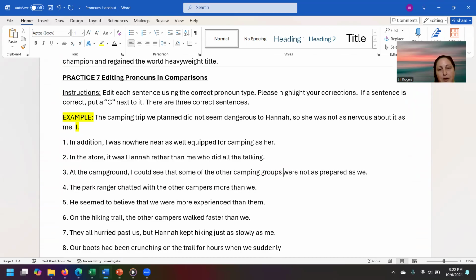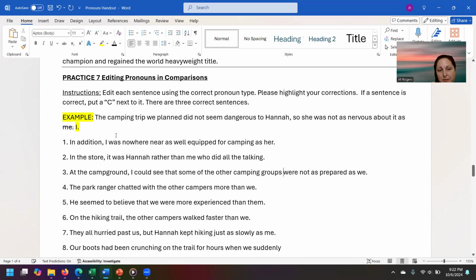So when you go through the sentences, first find those pronouns. In addition, I was nowhere near as well equipped for camping as her, okay? Her. So what is implied here? In addition, I was nowhere near as well equipped for camping as her. So what are we comparing?